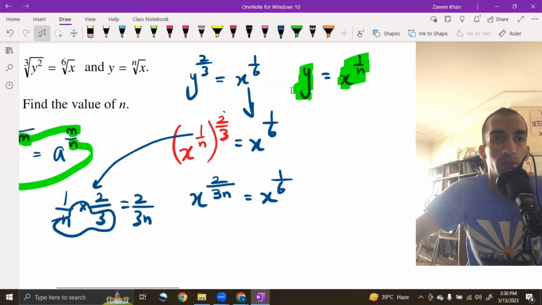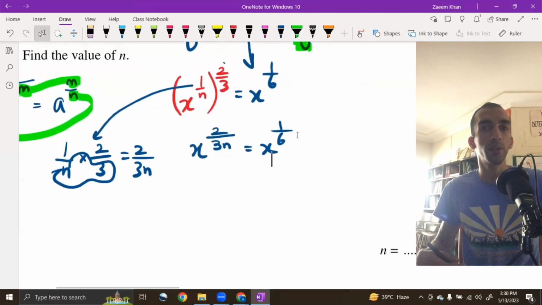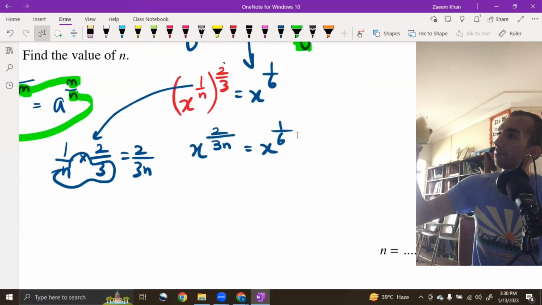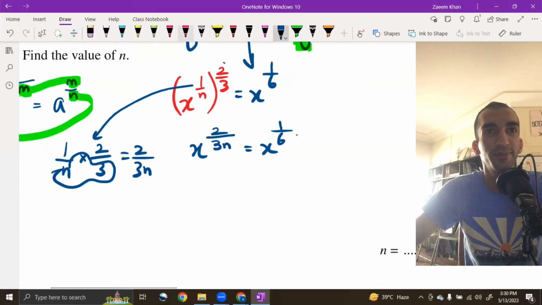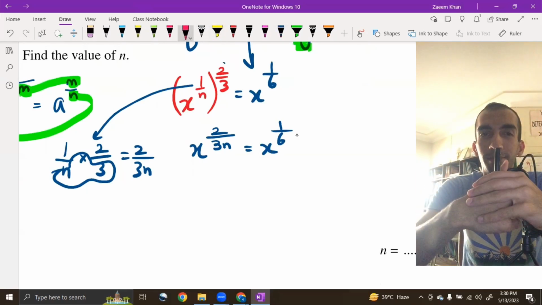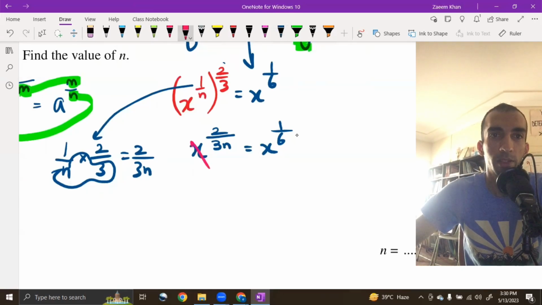Remember, we discussed a rule in the previous question that whenever the bases are the same, what can we do with the powers? We cancel out the bases. We can just cross them out.